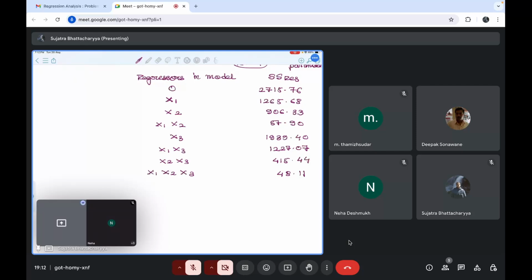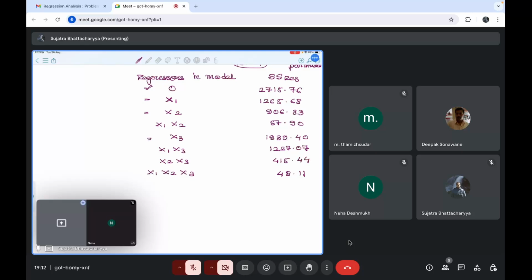So there are four unknown parameters, or three regressors, which are x1, x2, and x3. How many possible combinations? Eight possible combinations, right? 2 to the power 3 is 8. 1, 2, 3, 4, 5, 6, 7, 8. This is for k minus 1 equal to 0, no regressor. These are for one regressor, three combinations, because 3C1.